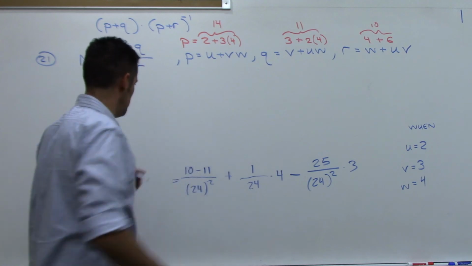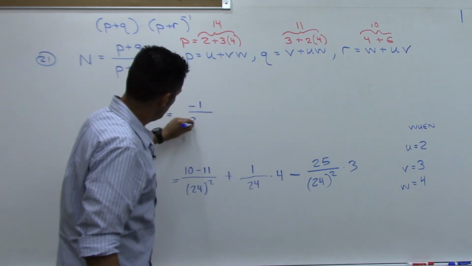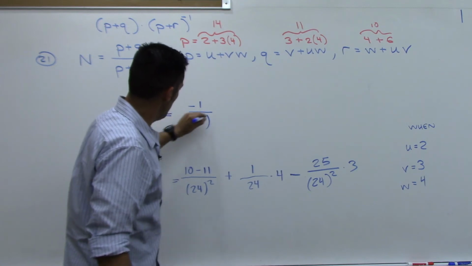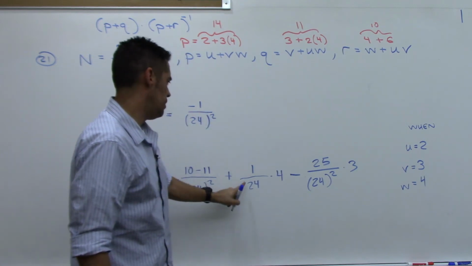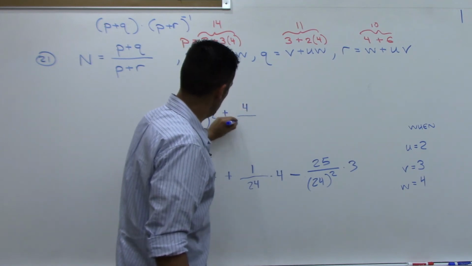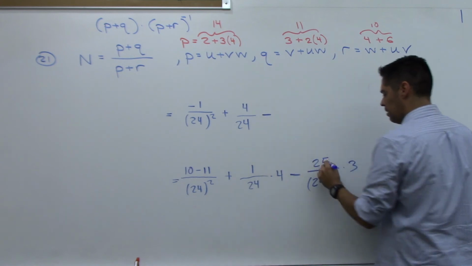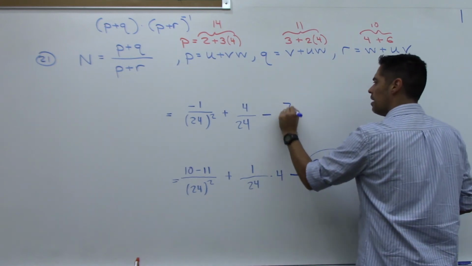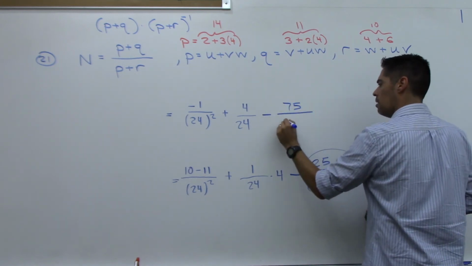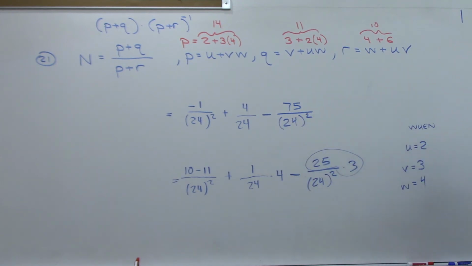All right, so let's see what we get here. Negative 1 over 24 squared. Put these together, this is plus 4 over 24. And then over here, this is minus 75 over 24 squared. All right, that looks good.